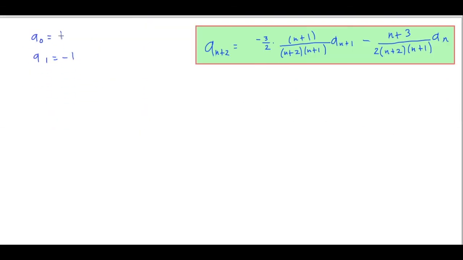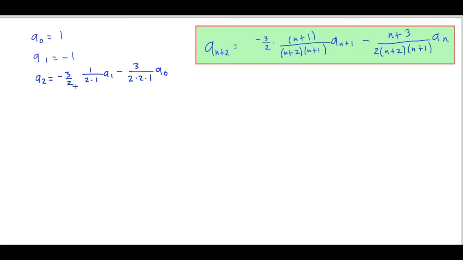So I have the first two coefficients based on those initial conditions, and now I have this formula I just copied and pasted from above that allows me to define the next coefficient in terms of the previous two coefficients. For example, if I want a sub 2, then in this formula, n will equal 0. So then evaluating this right-hand side, I'll have negative 3 halves, 1 over 2 times 1 times a sub 1.